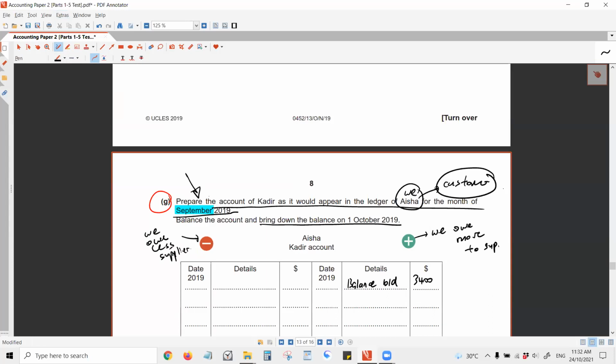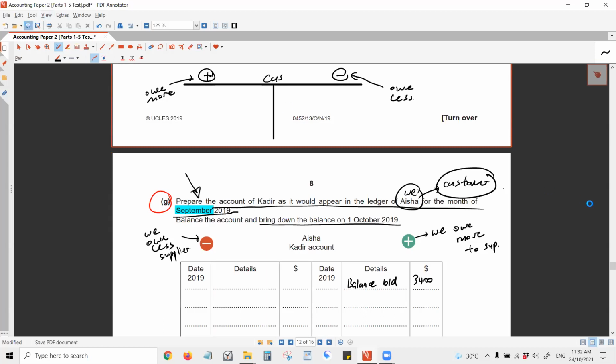In a customer account, it's the other way around, but we are not doing a customer account here. I'm just showing you: here is plus, here is minus. When customers owe more to us, record on the debit side. When customers owe less to us, record on the credit side. So this is another way of determining the position, besides the double entries that you have learned.